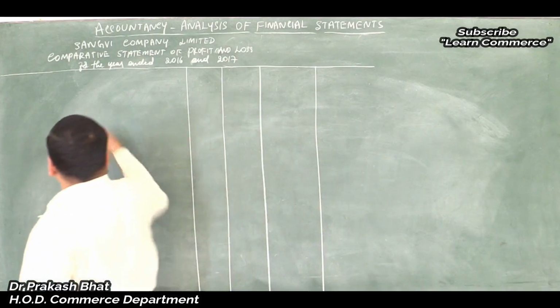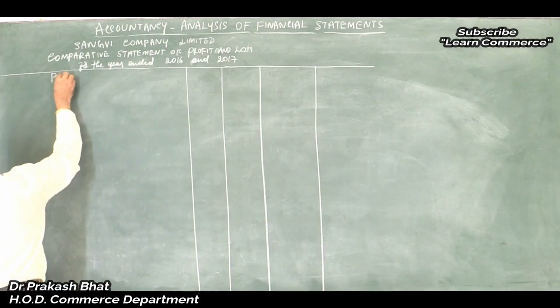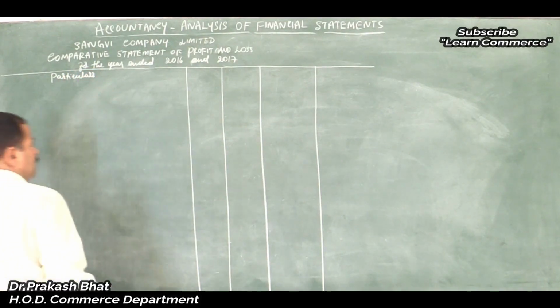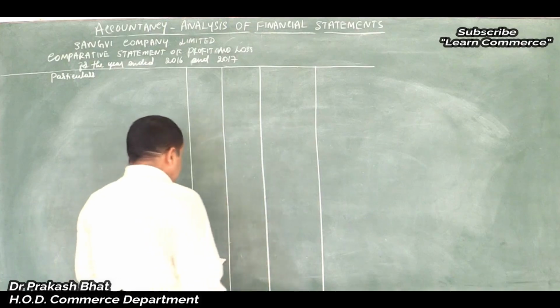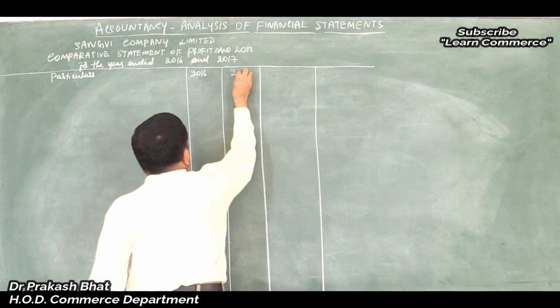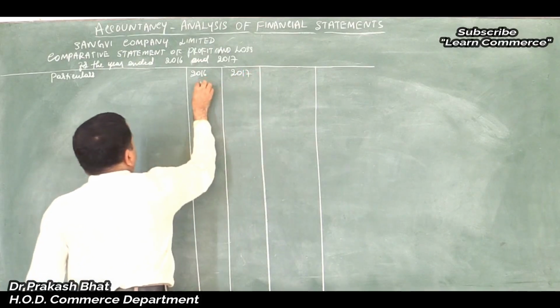Particulars, right here, particulars. First column written, second column 2016, this one 2017, write in rupees.